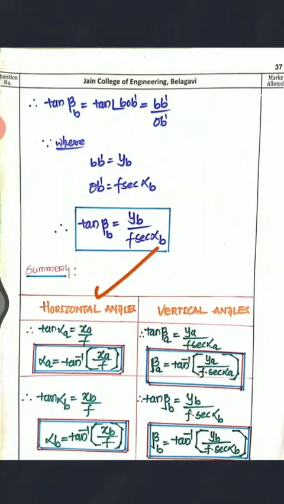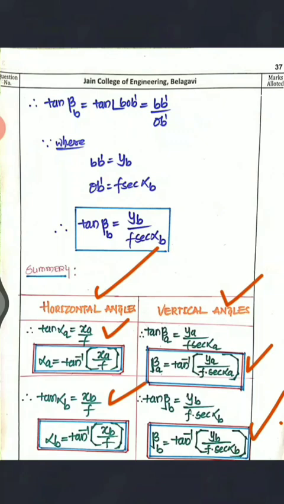For the horizontal angle, tan alpha A is equal to XA by F, that is alpha A is equal to tan inverse of XA by F. Tan alpha B is equal to XB by F, that is alpha B is equal to tan inverse of XB by F. Similarly, for the vertical angles, tan beta A is equal to YA divided by F sec alpha A, that is beta A is equal to tan inverse of YA divided by F sec alpha A. Similarly, tan beta B is equal to YB divided by F sec alpha B, that is beta B is equal to tan inverse of YB divided by F sec alpha B.